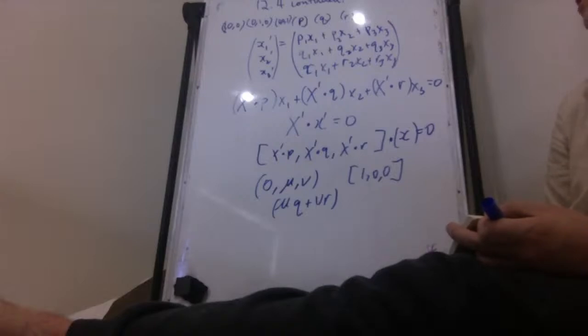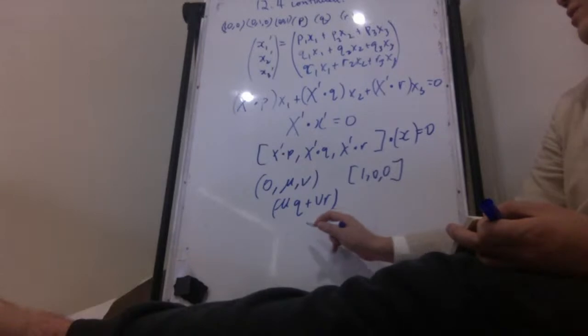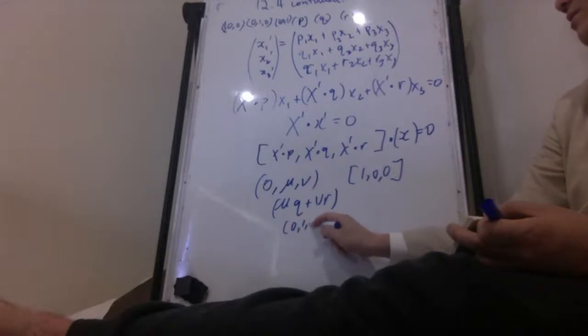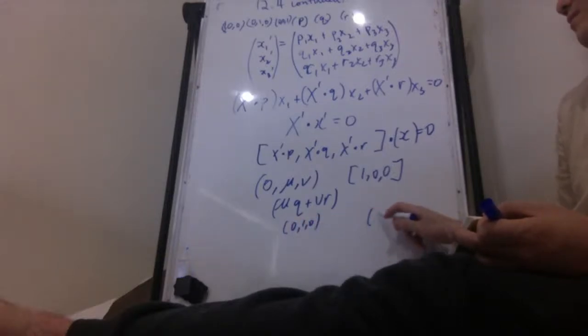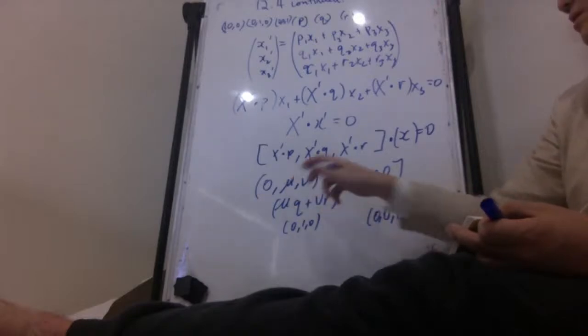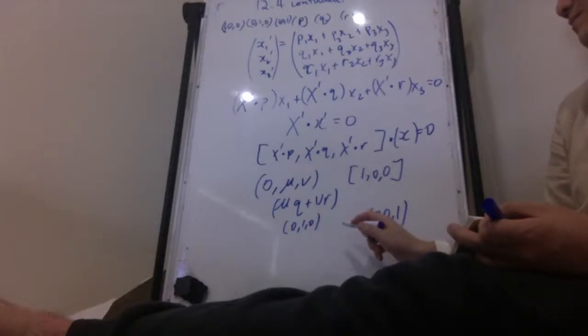Okay. Well, first of all, this requires us to remind ourselves of what happened in 12.3, okay? So in 12.3, we had that if we had basically 3 points, in this case it'd be 0, 1, 0, 0, 0, 1. So that's the endpoints where mu is 1 and mu is 1.